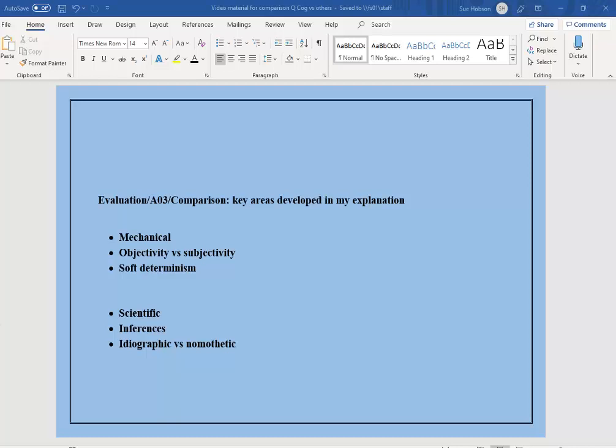We might also say the key point would be objectivity versus subjectivity, so models that infer processes. The approach is also criticized for using these models to infer cognitive processes because we can't actually observe these at work. These models are criticized as this inference is a leap too far.